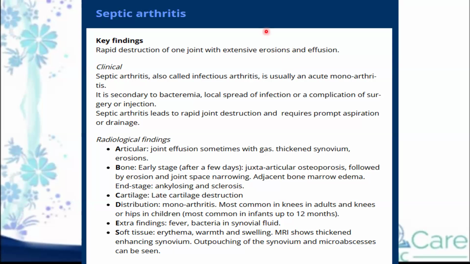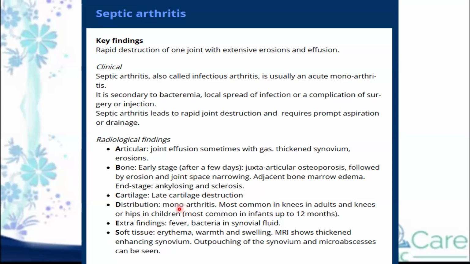For radiological findings, just know there will be joint effusions, and there can be gas within the joint. There are also osteoporosis features, erosions and joint space narrowing. This is important. There is cartilage destruction, which is why there is joint space narrowing.